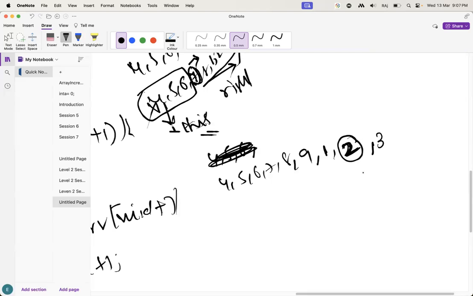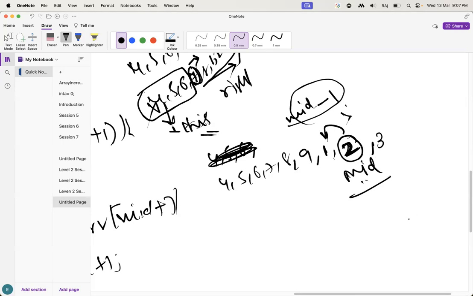We are going to check the element before it, mid minus 1. If this value is greater than this value, what does it mean? That means the possibility of the peak is to the left of that element, left of this element. Guys, understand?